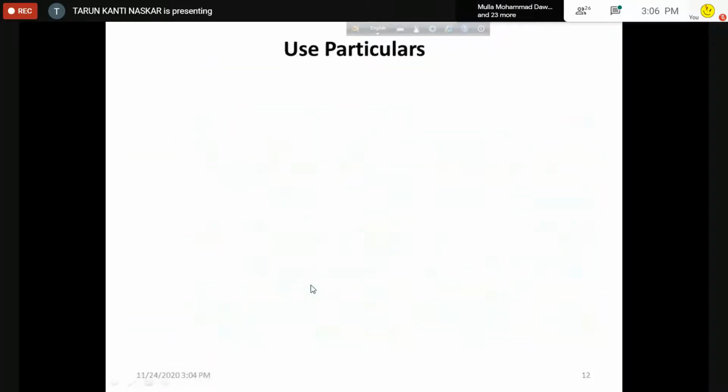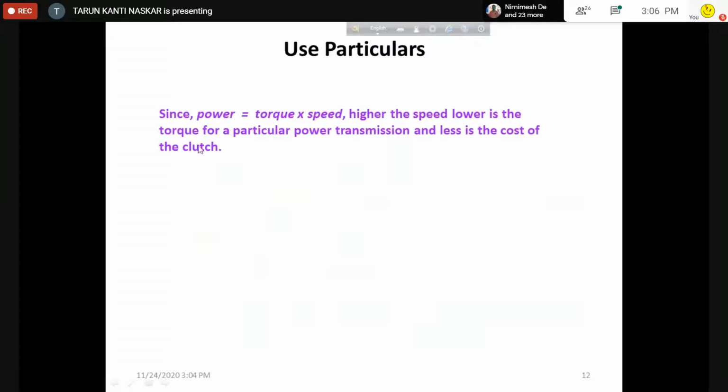Now there are some particulars before using this, and those are also important. Since power is equal to torque into speed, higher the speed, lower is the torque, obviously, for a particular power transmission, and less is the cost of the clutch.